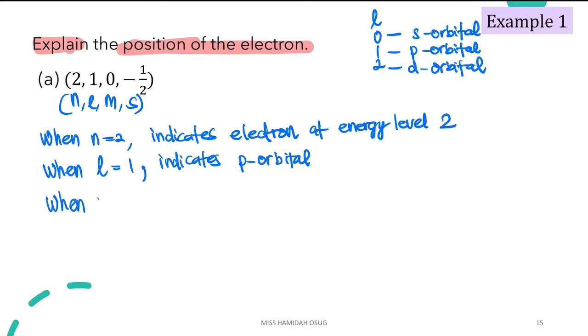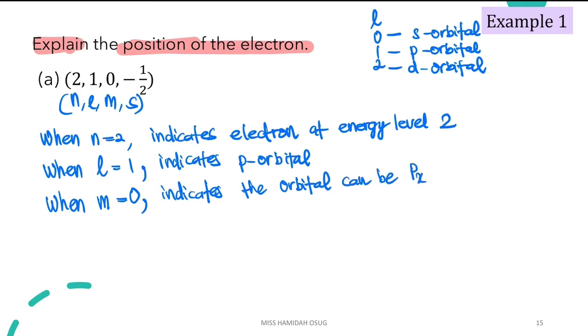When m is equal to 0, it indicates that the electron can be in orbital px, py, or pz. This is because when L is equal to 1, the value of m can be -1, 0, or +1.